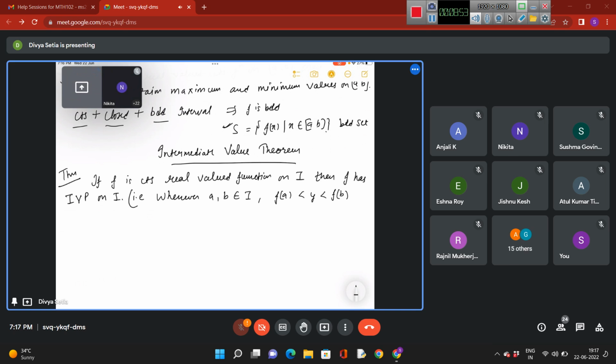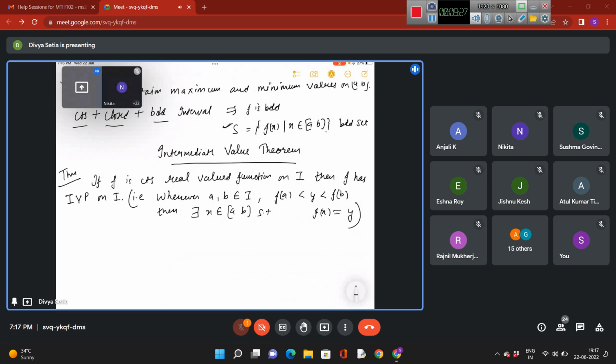Fine, if you take any 2 points a and b belonging to the interval I, then there exists x belonging to your interval such that f of x is equal to y.